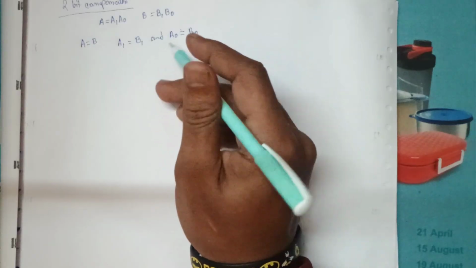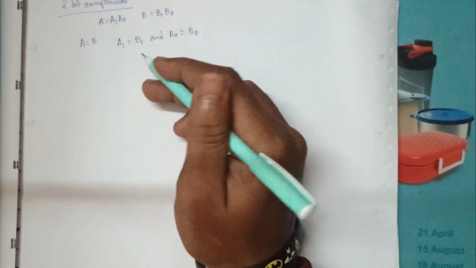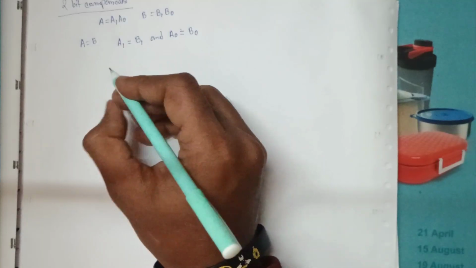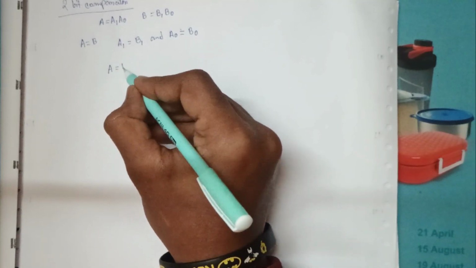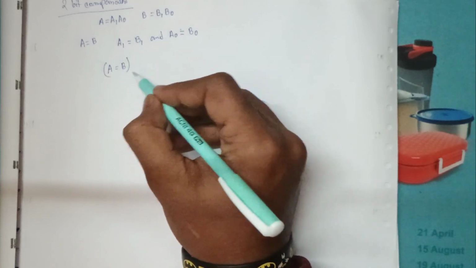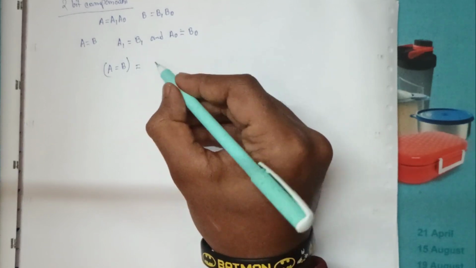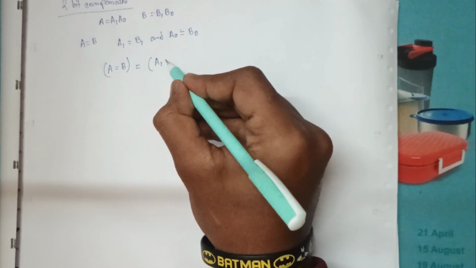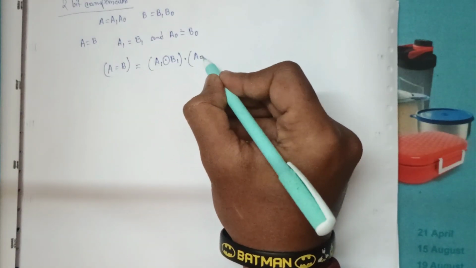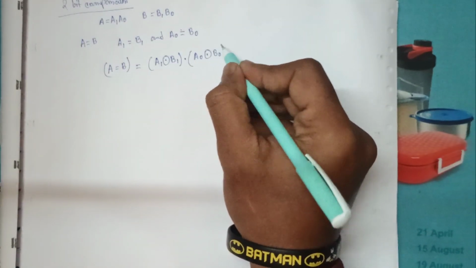As we know from the 1-bit comparator, we can write this equal to expression using XNOR. So the final expression for 2-bit comparator equals to will be A1 XNOR B1 and A0 XNOR B0.